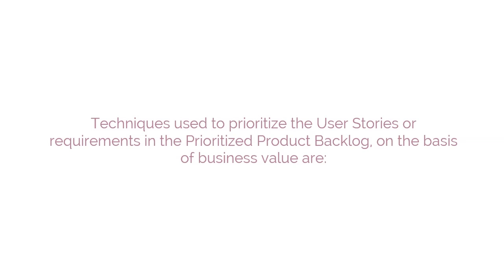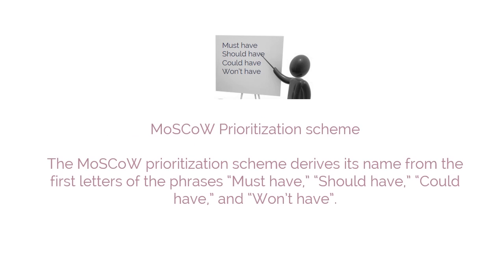User Story Prioritization Methods. Some techniques used to prioritize the user stories or requirements in the prioritized product backlog on the basis of business value are MoSCoW Prioritization Scheme. The MoSCoW Prioritization Scheme derives its name from the first letters of the phrase must have, should have, could have, and won't have.